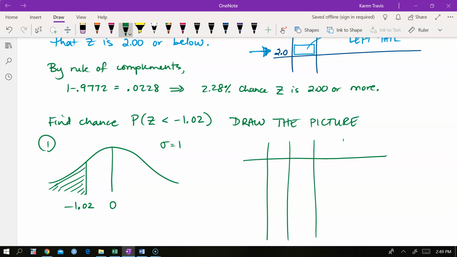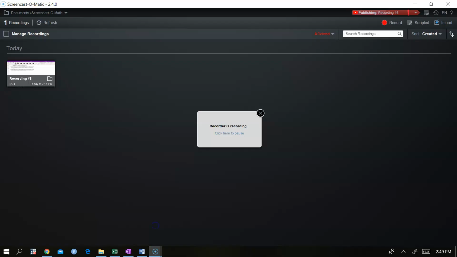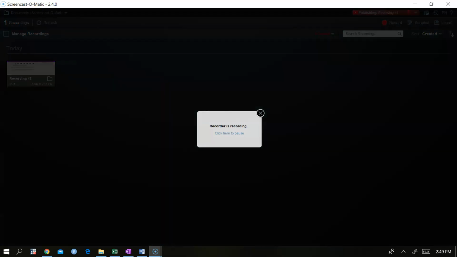And let's think about the implications of when it says 0.02. This is the 0, 0, the 0, 1, and now this is where I'm going to find the 0.02. And I need to go to the column that says minus 1.0. And so this is the value I need to find for the left tail. And I want to pause.